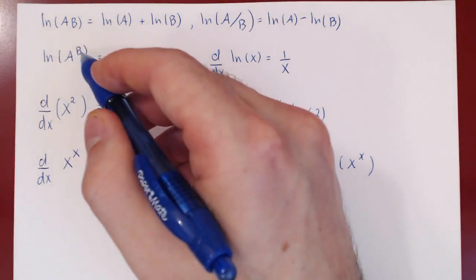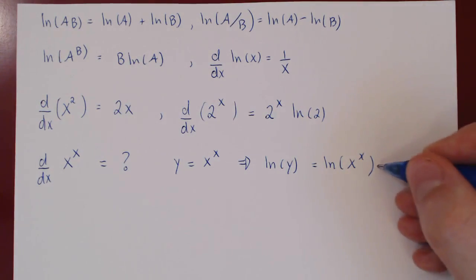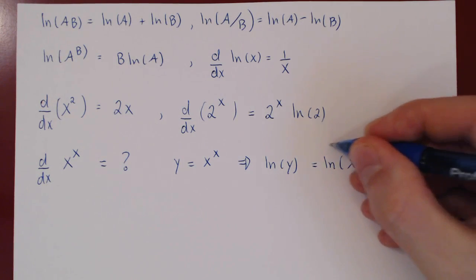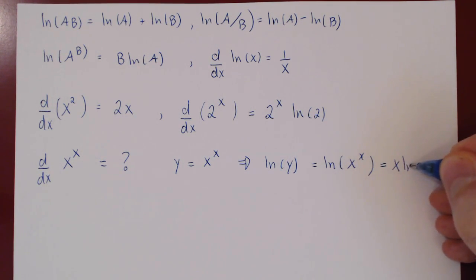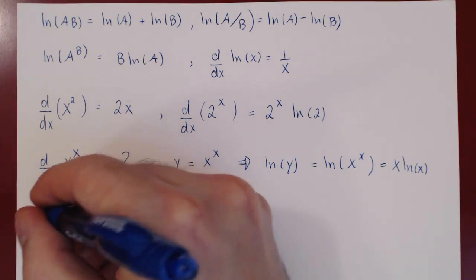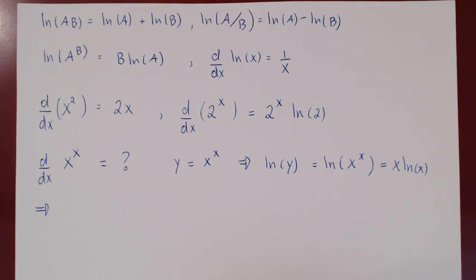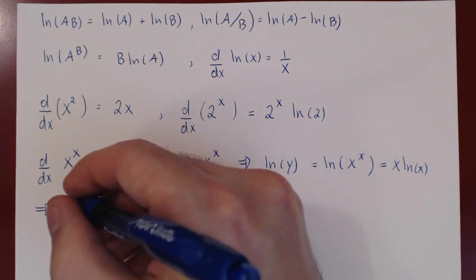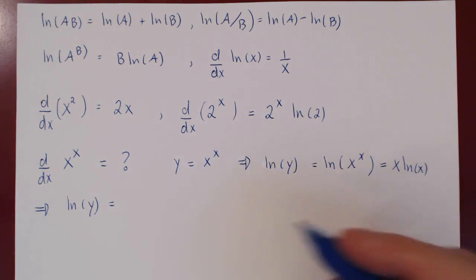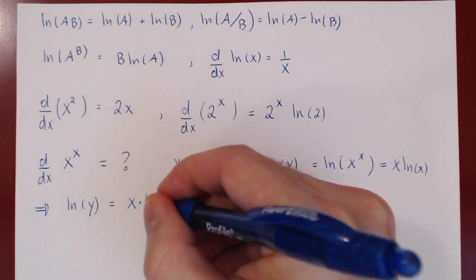We can pull the exponent outside of the ln. So ln of x to the x is quite simply, moving x outside, x times ln of x. And now look at what we have. Now we have ln of y equals x times the ln of x.